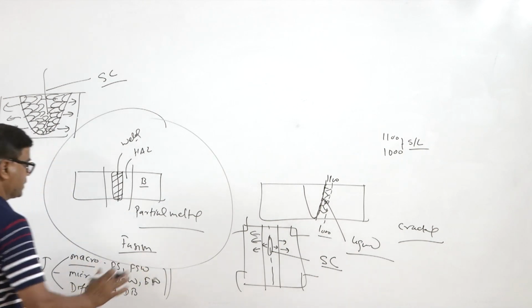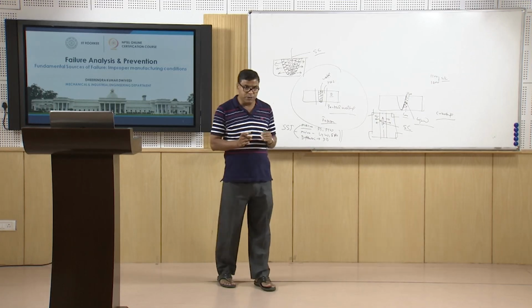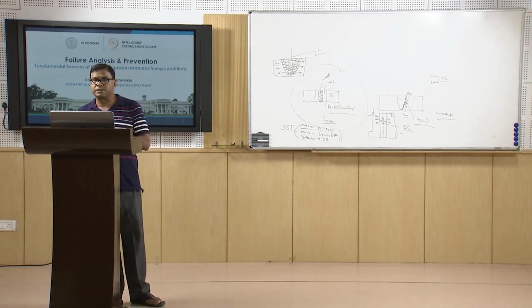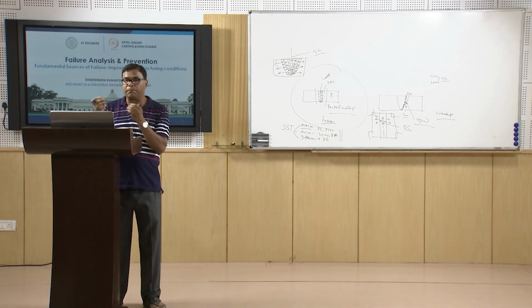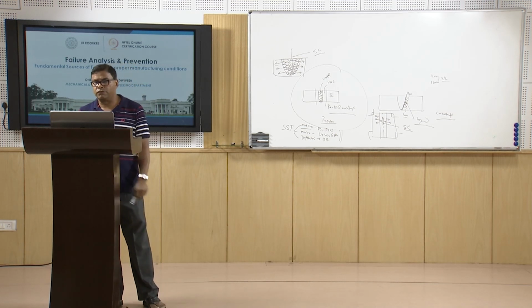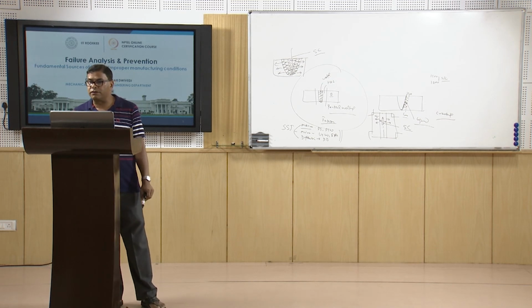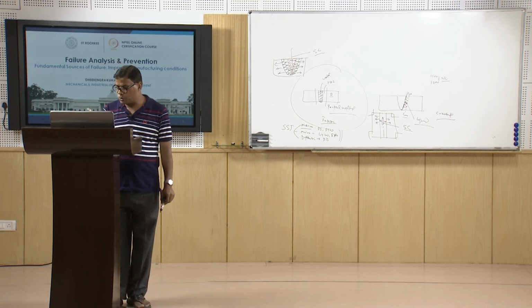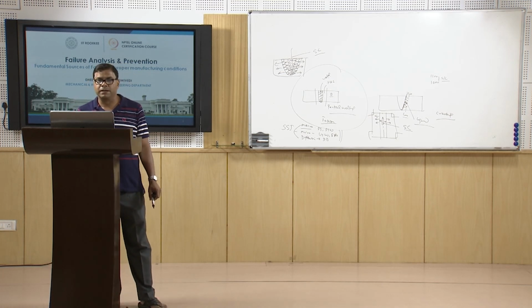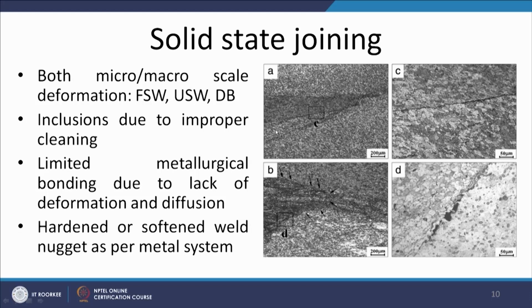So, in these processes the kind of discontinuities which are formed are different in nature. Like in solid state joining, if the two metals being joined do not mix, do not metallurgically bond with each other, then an interface can form which will act as a source of weakness and stress concentration. And this is what we can see if the surfaces being joined have not been cleaned properly, then the impurities will be present in the form of inclusions.